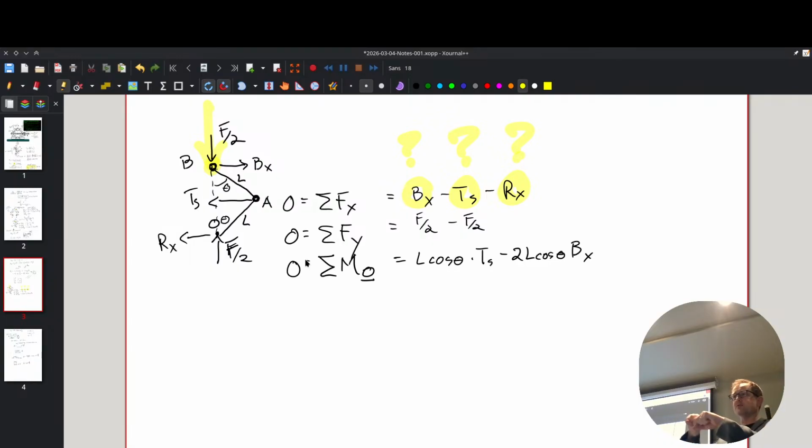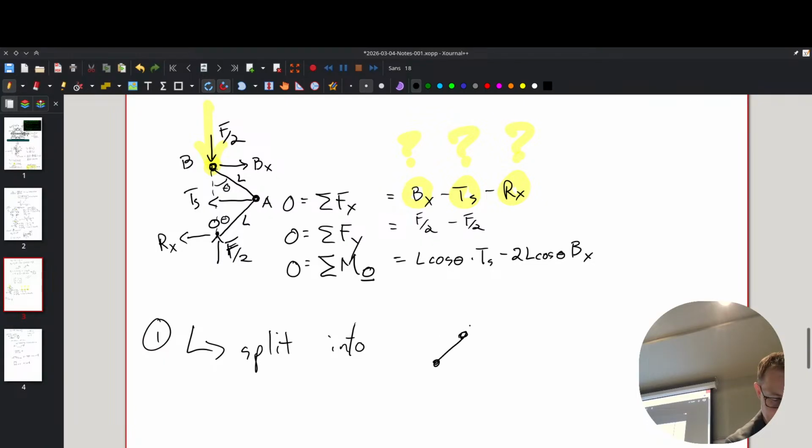We can even look at internal forces inside the beams themselves to figure out how much moment, how much tension. So that's one approach: split it up into the top and the bottom, and start looking at forces there.